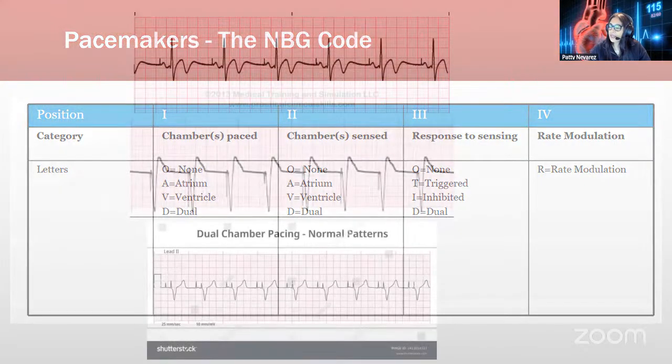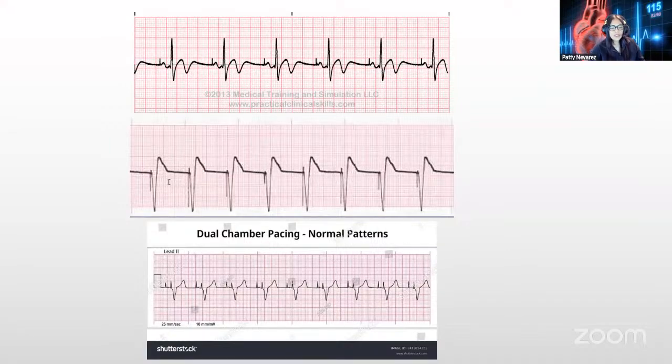Now let's take a look at how we are going to see an EKG with the chambers paced. The top image here is atrial pacing. And what we're going to see here are these little marks right here. This is going to give it away that it's a pacemaker. This is an atrial pacer.